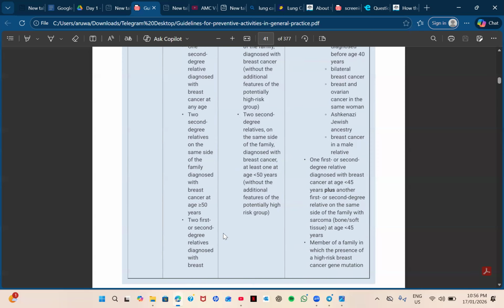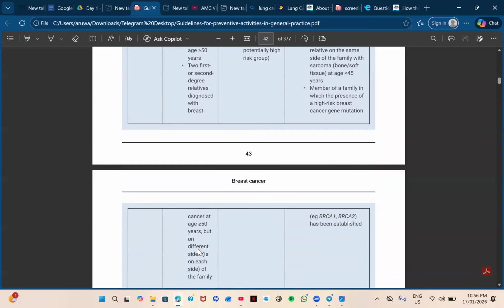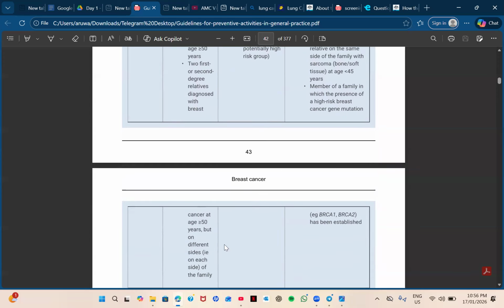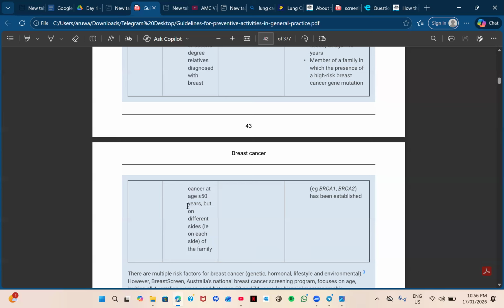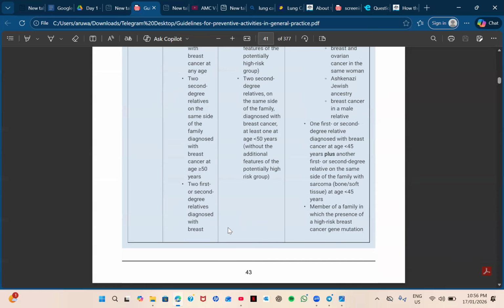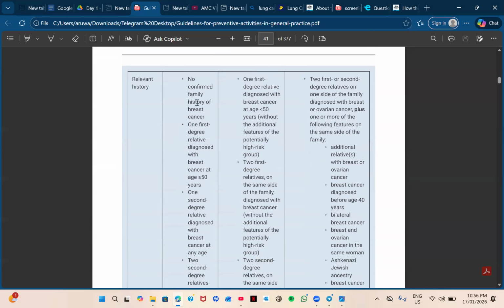Then the next one is two first or second degree relatives diagnosed with breast cancer at age 50 or more than 50, but on different sides of the family, maternal mother's side and father's. Okay, so these are the criteria. You have to write down each and everything and remember these things.